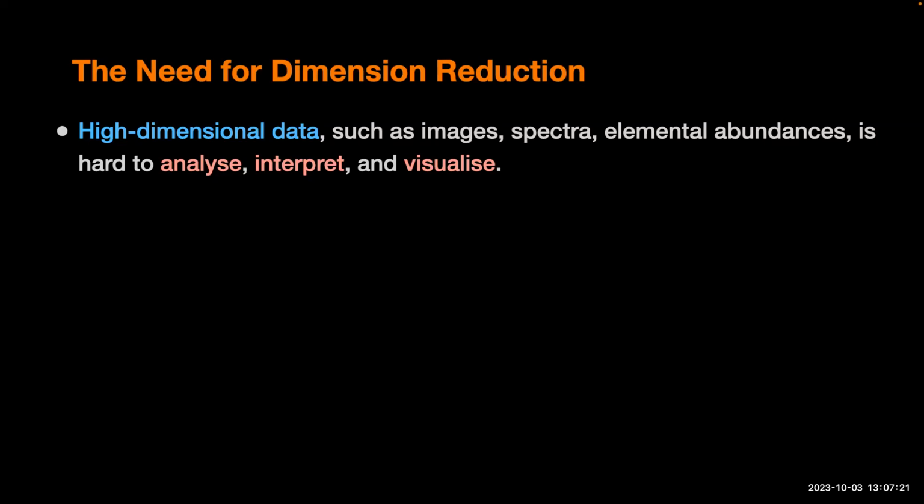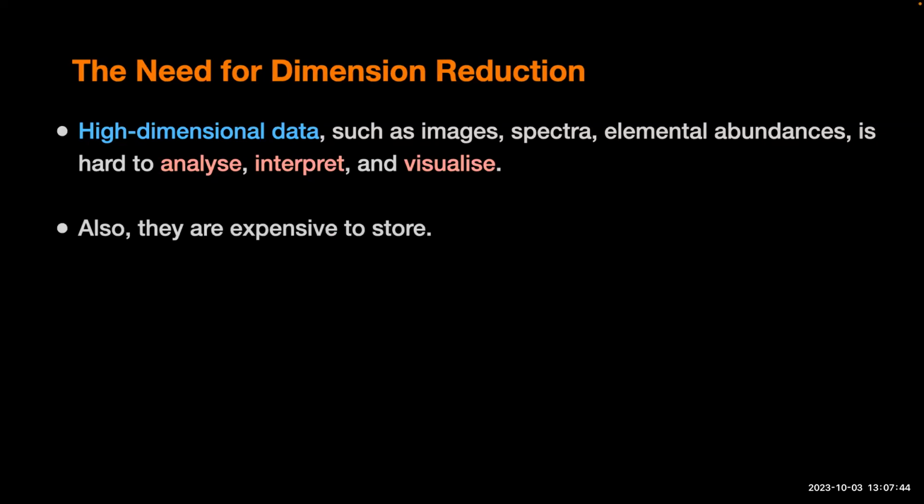And of course, it's very hard to understand or visualize the collective behavior of a spectrum. You can plot one example, but it's very hard to see the trends and the properties. And this is why being able to compress the information helps you to understand the underlying data.